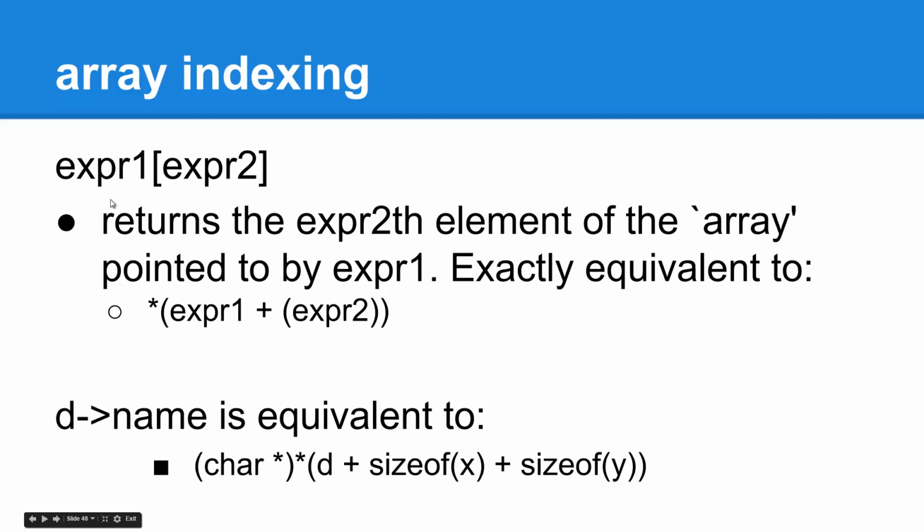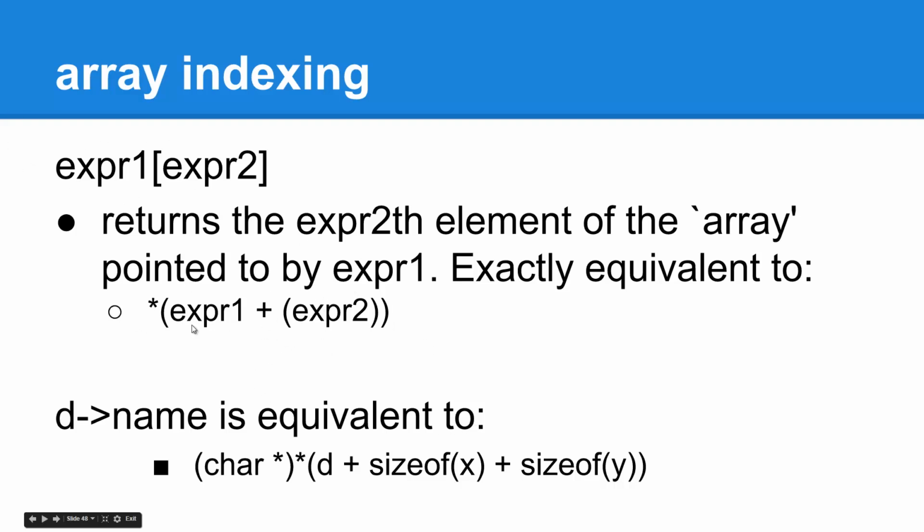So just to cover array indexing, if this is x sub y, it's going to return the yth element as an offset from the base address given by the pointer x. And it is exactly equivalent to dereferencing the base address given by x plus the offset given by y. Now, that may depend on the object size.